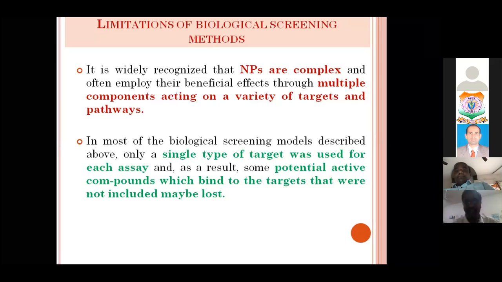All the methods which have been explained, maybe microdialysis, maybe bioscreening techniques using bioaffinity chromatography or ultrafiltration, all these technologies use single targets. But our active plant extracts are multi-component. We may lose some of the active components which may be helpful for the treatment also. That is one of the major limitations of using these techniques.